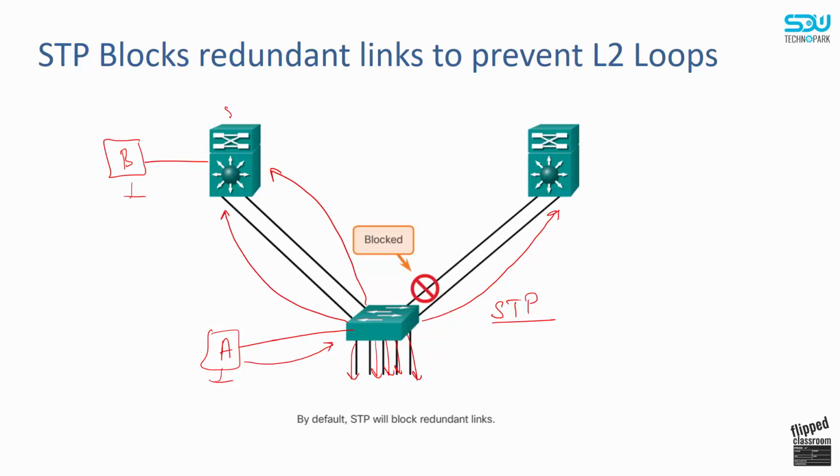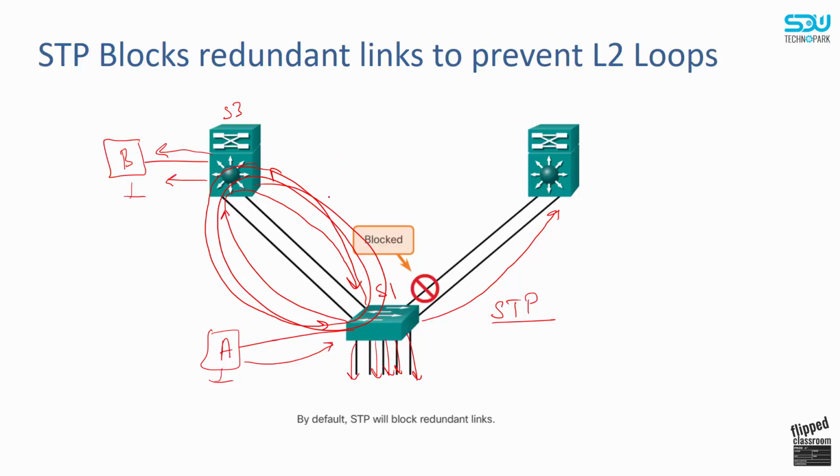Let's say switch 3 will resend the broadcast to computer B, and then this broadcast will come back again to switch number 1, and this broadcast will reach computer B one more time, and the broadcast will come here. As you see, here we'll have an infinite loop on layer 2.